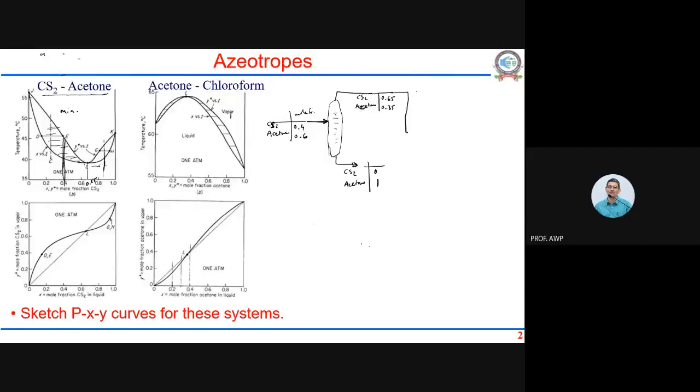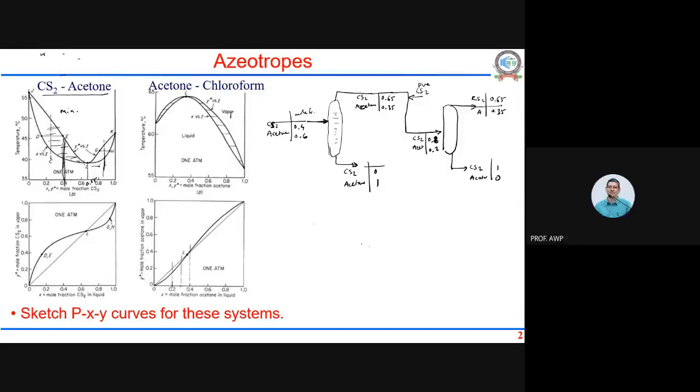So what we will do is we will send it to another distillation column, but I will add extra CS2 here so that the composition after adding CS2 becomes 0.8, 0.2. Now it is like problem number 2. Then I will get azeotrope CS2 acetone 0.65, 0.35, but I will get CS2 acetone 1 and 0.